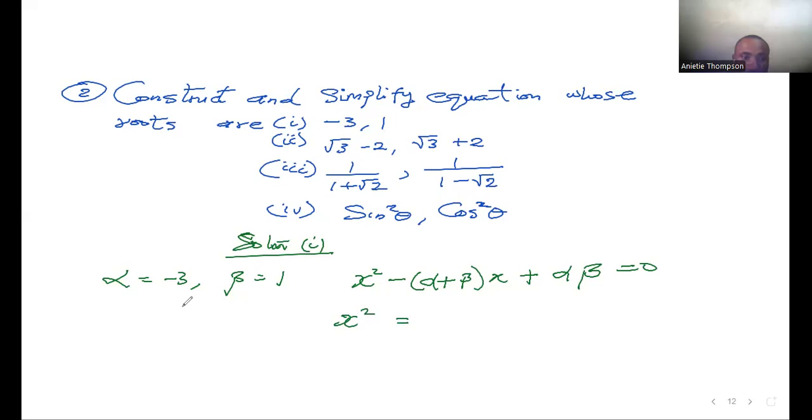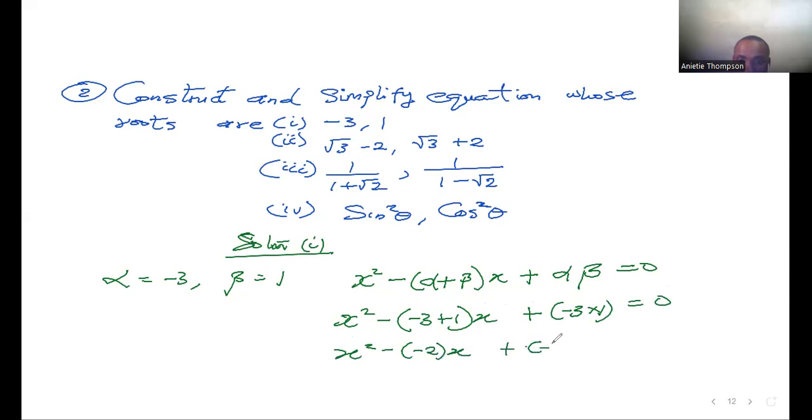You have x squared minus bracket minus 3 plus 1 x plus bracket minus 3 times 1 equals 0. So we have x squared, then minus into minus 2x, then plus minus 3 equals 0.